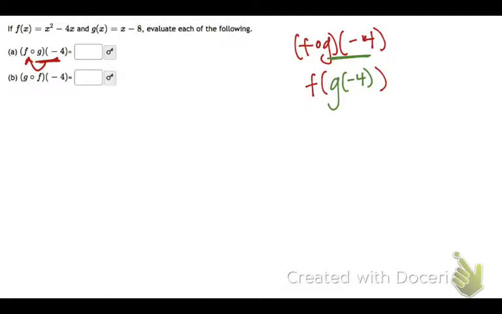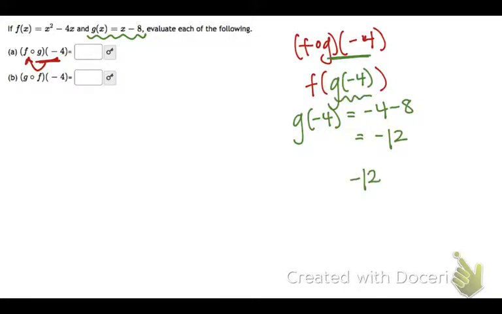Okay, and then we work inside out. So first I'm going to figure out what g of negative 4 is. Well, here's our g function. If I plug in negative 4 to there, so g of negative 4, I get negative 4 minus 8, which would be negative 12. So that's going to take the place of this. And then now I'm doing f of negative 12.